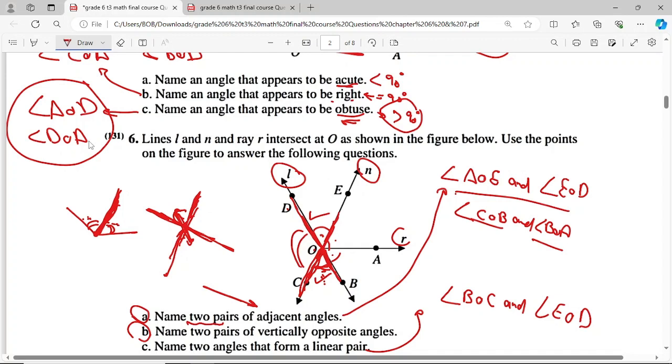We take this ray of the angle and extend it to the opposite side, and this ray also I will extend to the opposite side. So I'm seeing that the opposite angle for this angle is this angle. That means for angle DOC, the opposite is EOB.